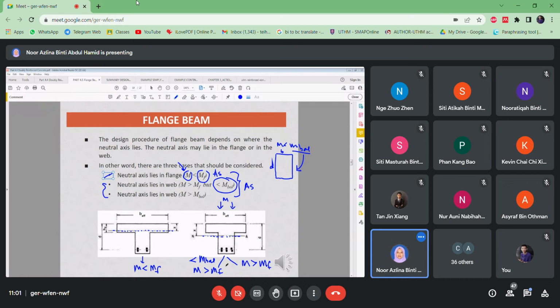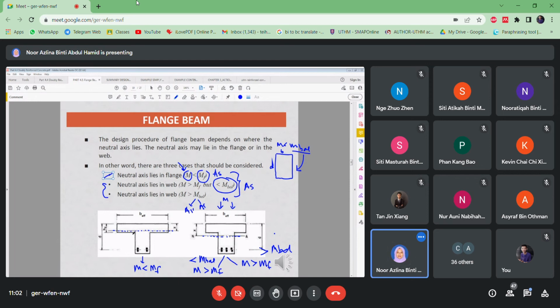But for this, neutral axis lies in web, it has two conditions. Less than moment balance, just design as a singular. Okay, same goes to the rectangle, same goes to the first beam here. But once moment is more than M balance, you have to provide the AS and also AS prime. That means compression reinforcement.